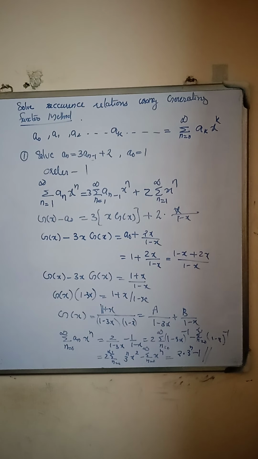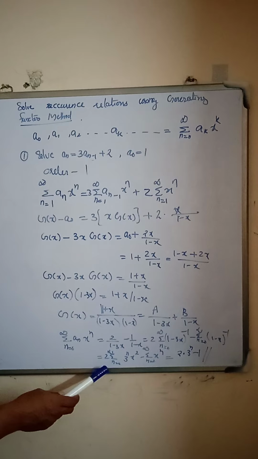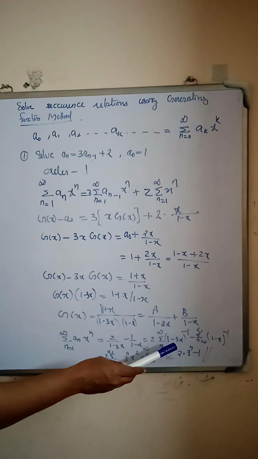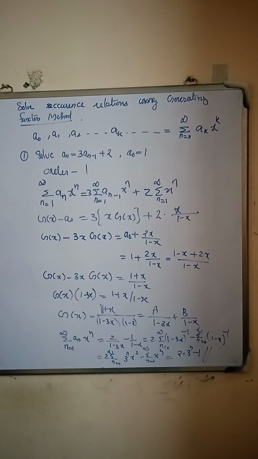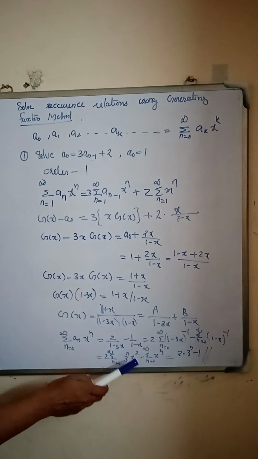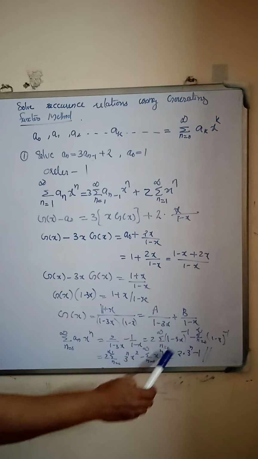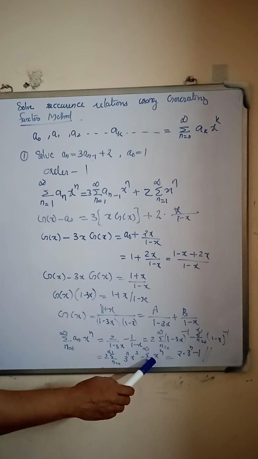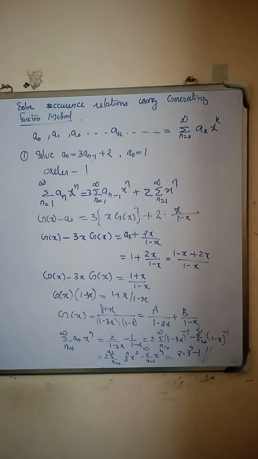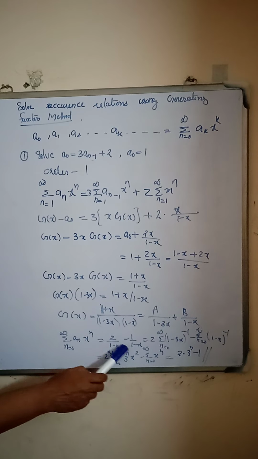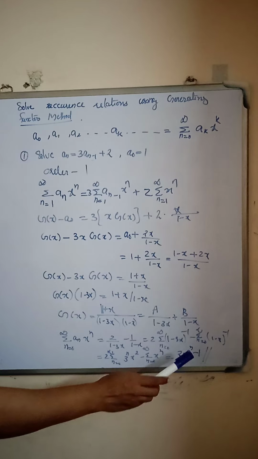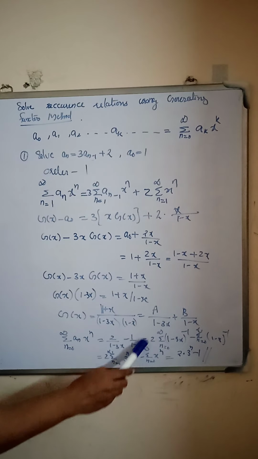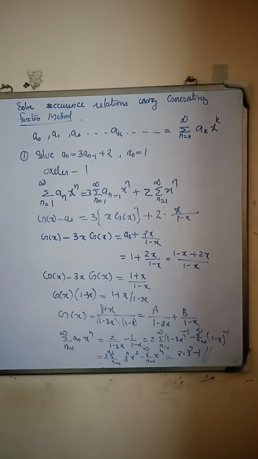So 2 into sigma n is equal to 0 to infinity 3 raised to n x raised to n, this is the series expansion of 3 raised to n x raised to n, and this is the expansion of sigma n is equal to 0 to infinity x raised to n. This is the generating function corresponding to the sequence 3 raised to n, and this one corresponds to 1. So we write it as 2 into 3 raised to n minus 1.